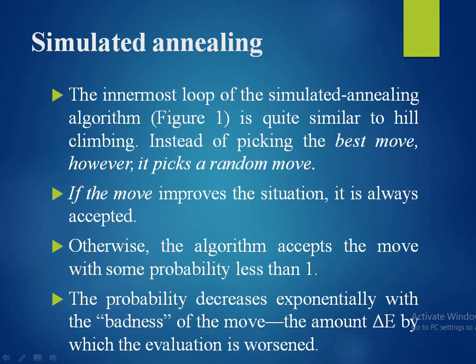If the move improves the situation, it is always accepted. Otherwise, the algorithm accepts the move with some probability less than 1. The probability decreases exponentially with the badness of the move, the amount delta E by which the evaluation is worsened.